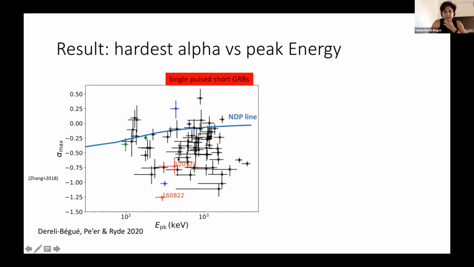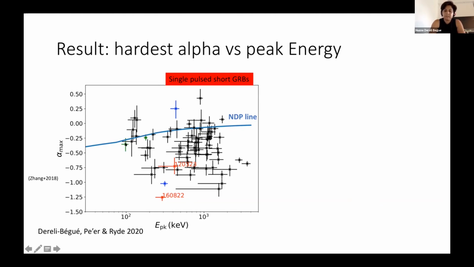And here you see a source that has several peaks, several bins, that is very bright. But my point is that here you see the green dots, they are compatible with the non-dissipative photospheric model.